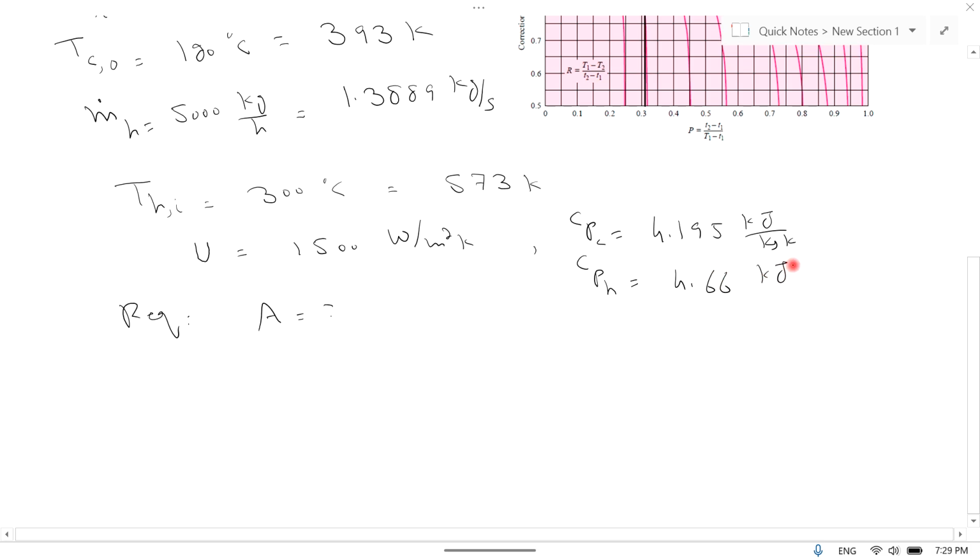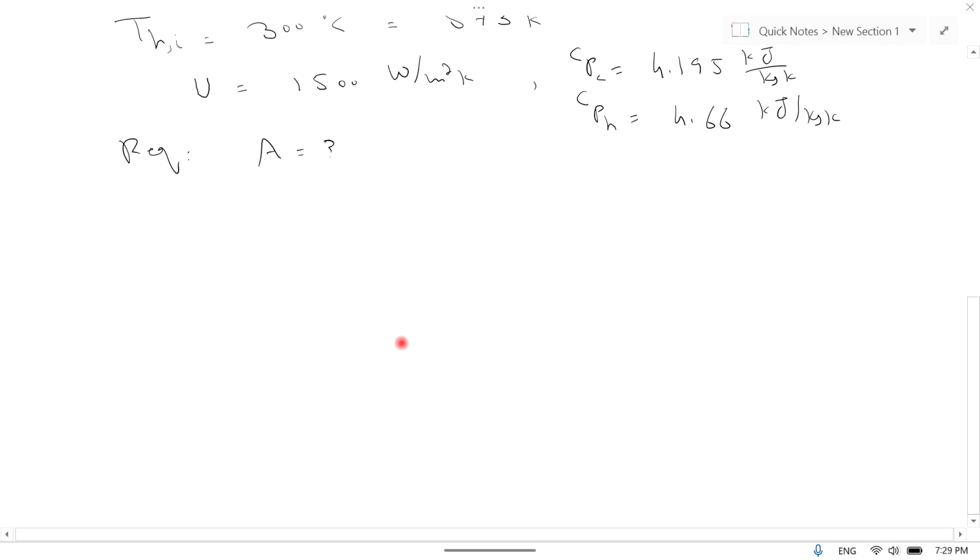This is from the book, kilojoule per kilogram per Kelvin. We have to find the area A. So here we start the solution. First we find the heat transfer rate.